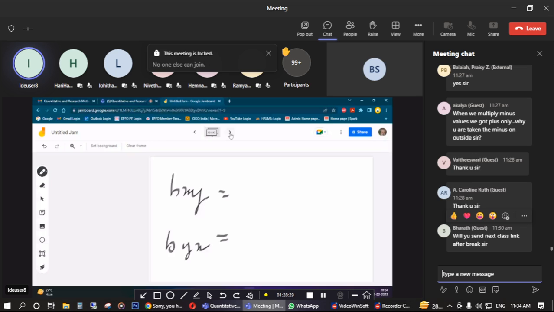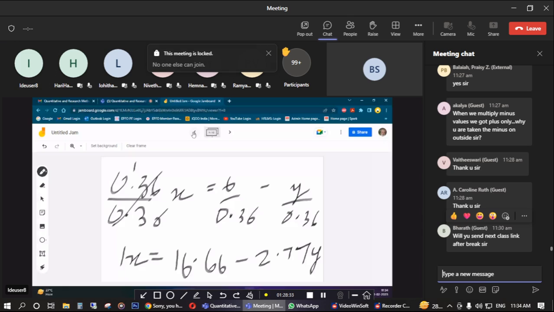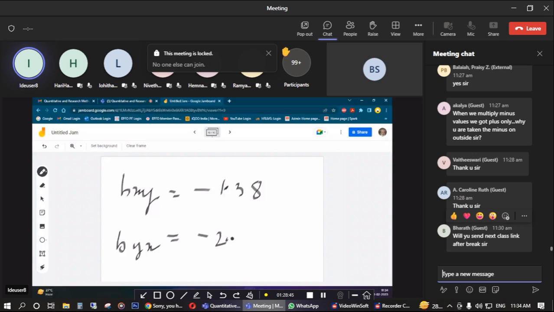Here, this is X on Y. So this is going to be bxy, minus 2.77. So both are negative. So I am going to consider r as negative. Open the bracket. So 1.38, 2.77.